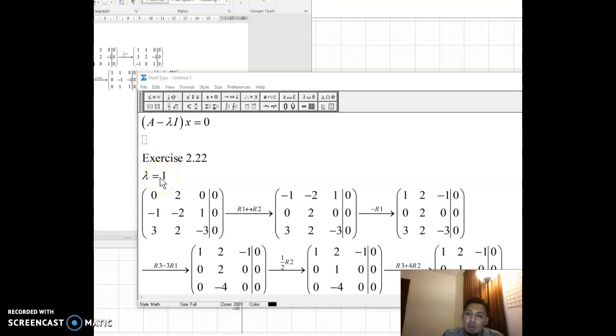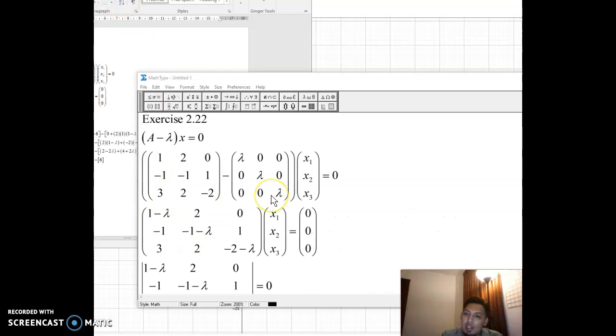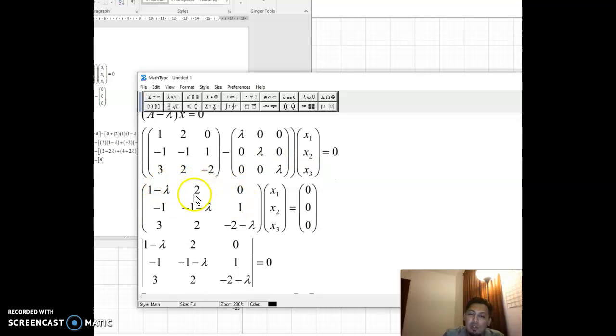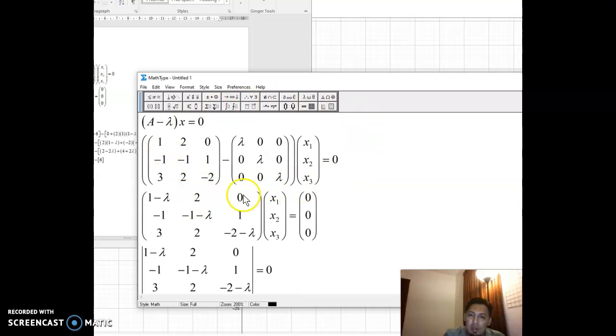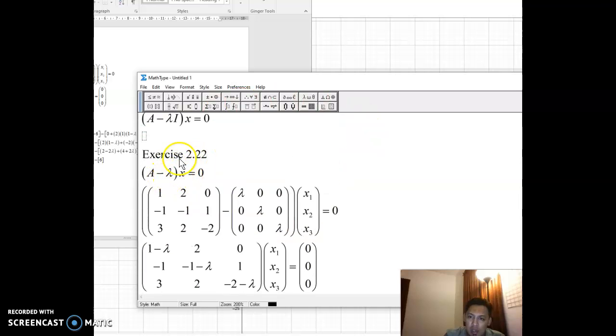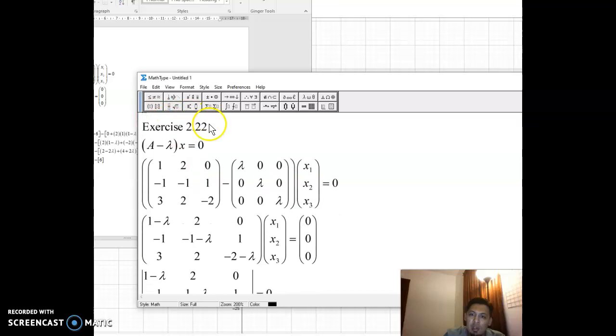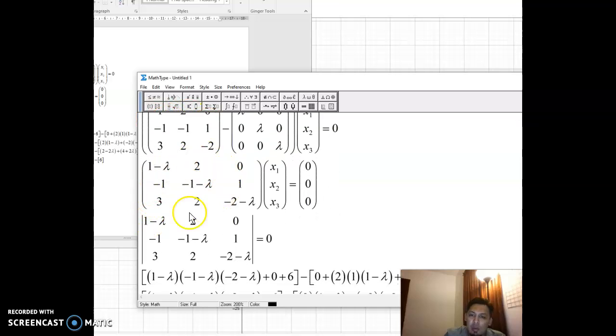So when you substitute, you should get this. Just a little reminder, the substitution should be on this, right? Remember, this is what we did, based on this formula.